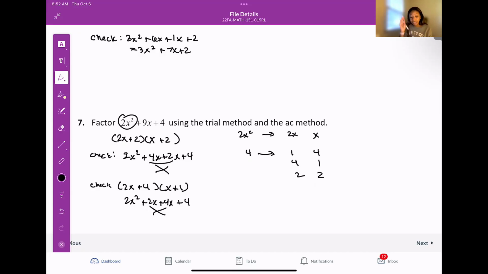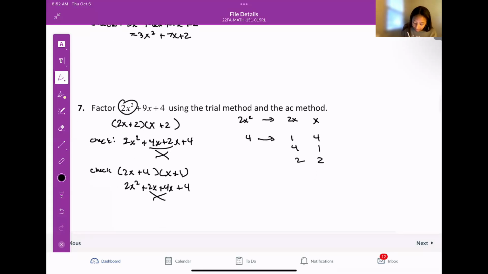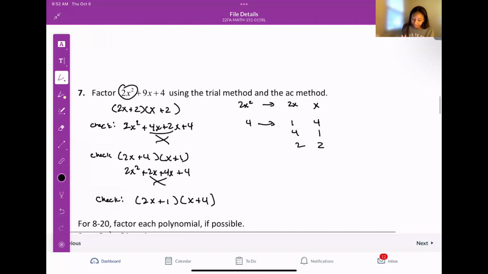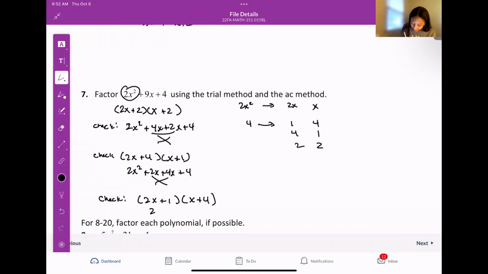So then the last one, the one that does work, 2x plus 1 times x plus 4. Why does this one work? Because now the 2x is being multiplied by the 4. So we get an 8x plus 1x in the middle. That one worked. So our factorization here was 2x plus 1 times x plus 4.